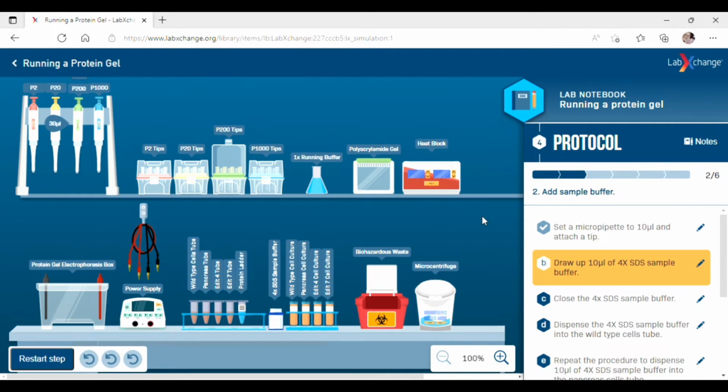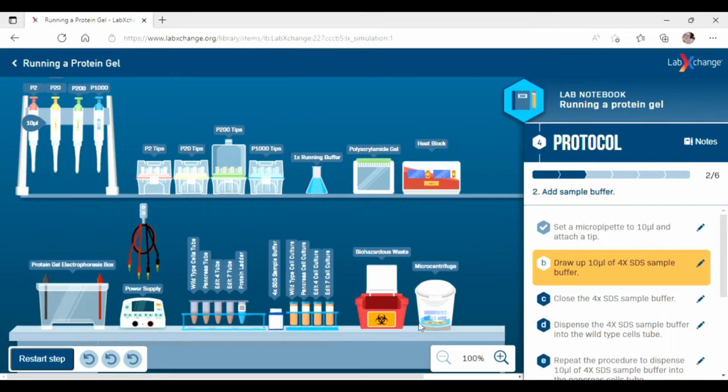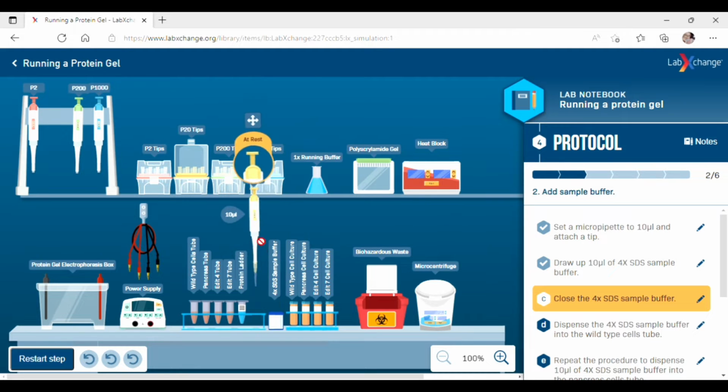Next, set a micropipette to 10 microliters and attach a tip. Next, draw up 10 microliters of 4 times SDS sample buffer.